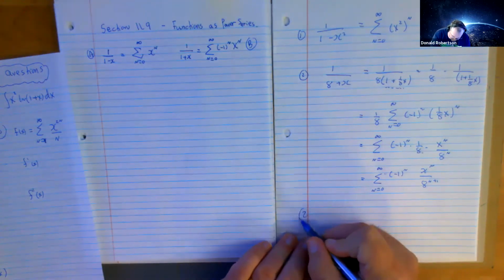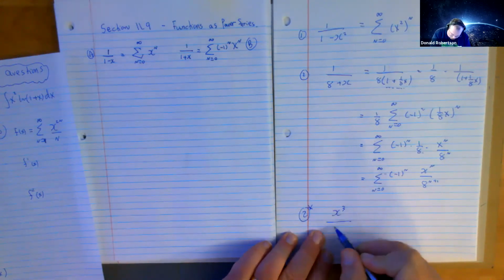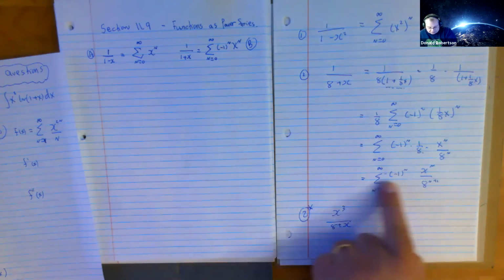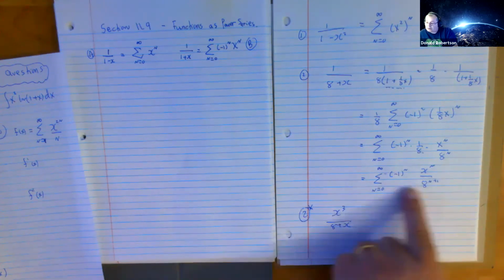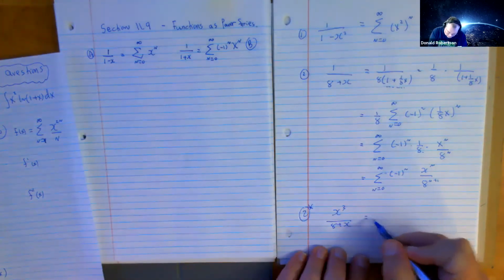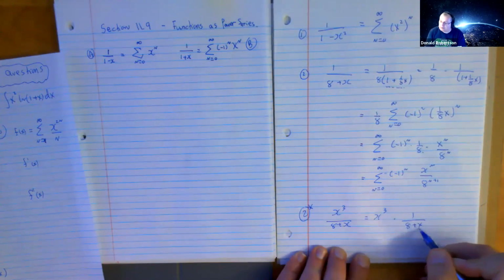This isn't really a new question. This is an adaptation. Suppose I wanted to do the power series of x cubed over 8 plus x. If I already know what 1 over 8 plus x is, isn't this just x cubed times that? This already represents this piece. Isn't this essentially x cubed times that?